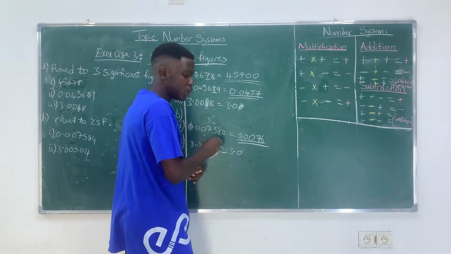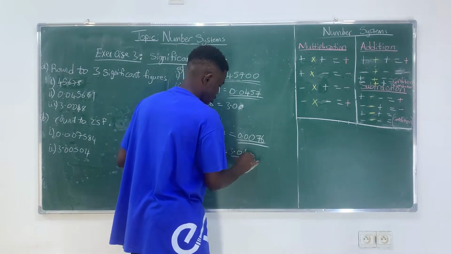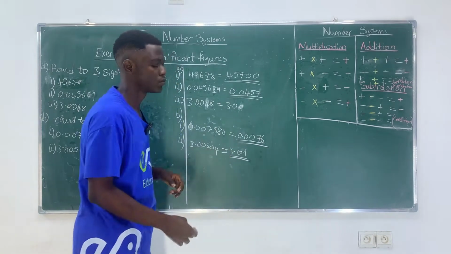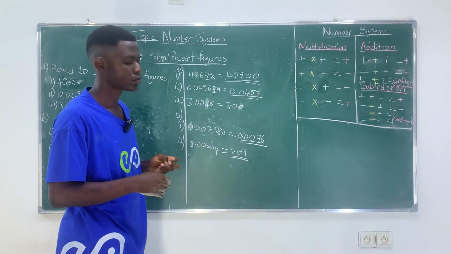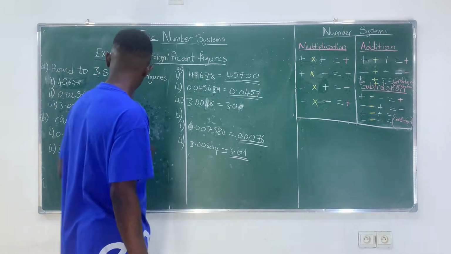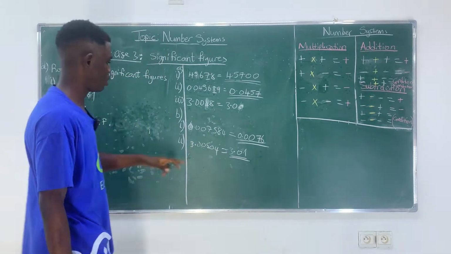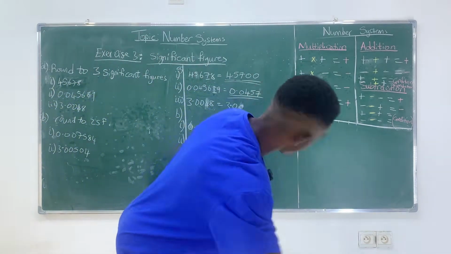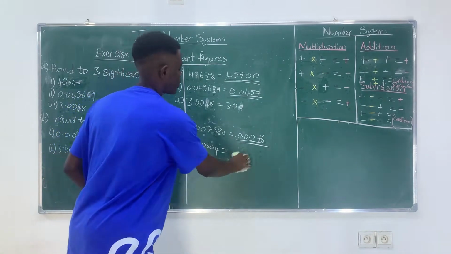We round this 0 up to 1. So here it is in 3 significant figures, sorry, not 2. The question said 2 significant figures.